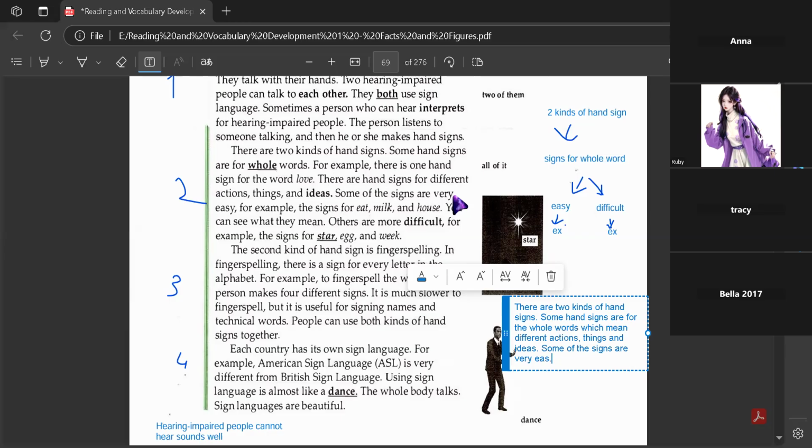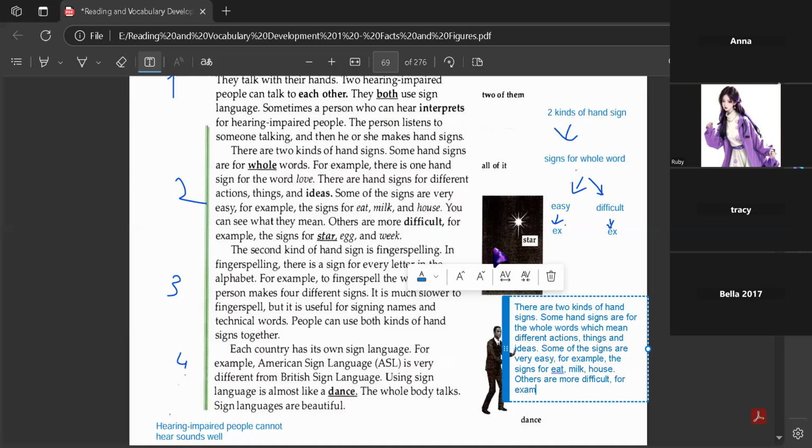Okay, so then we're going to write the example. For example, the signs for eat, milk, house, and others are more difficult.